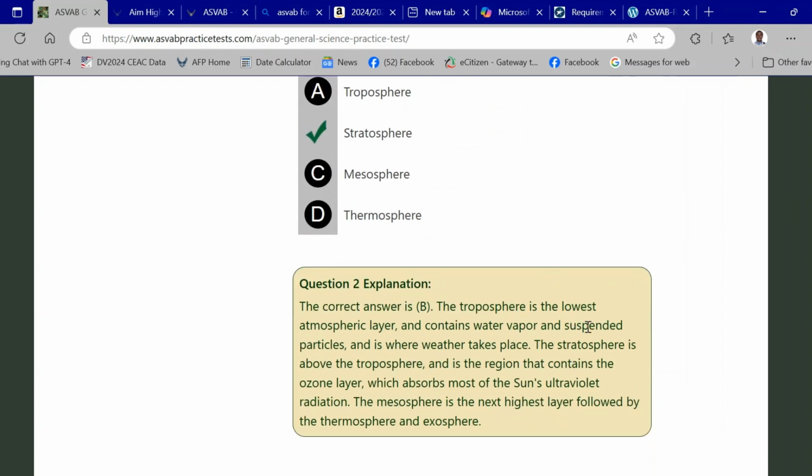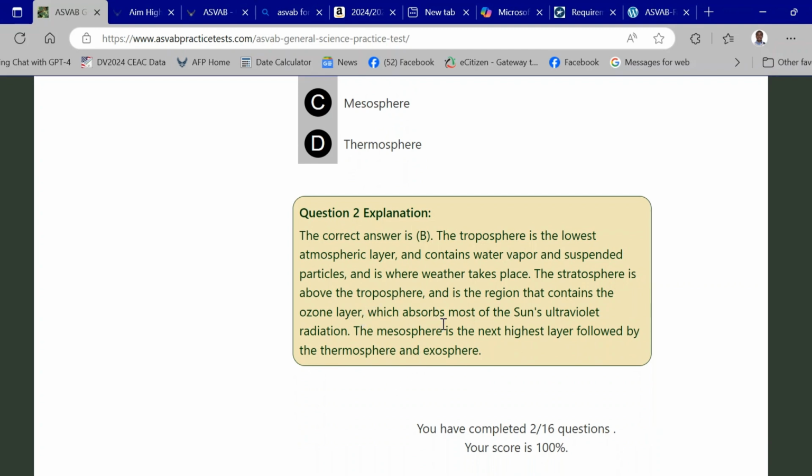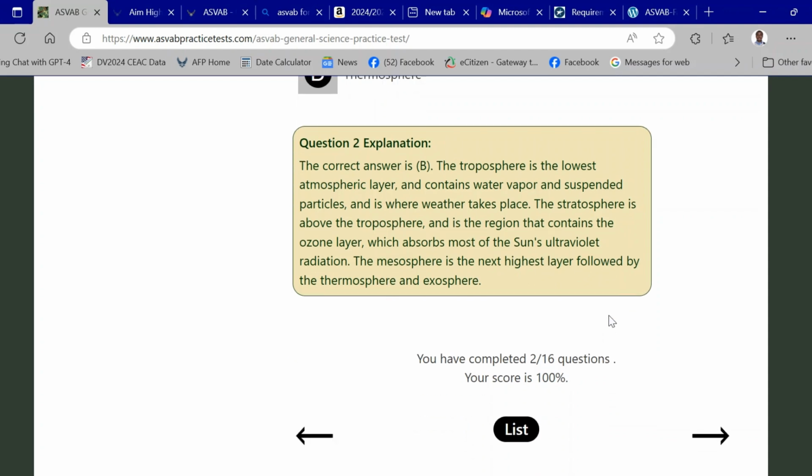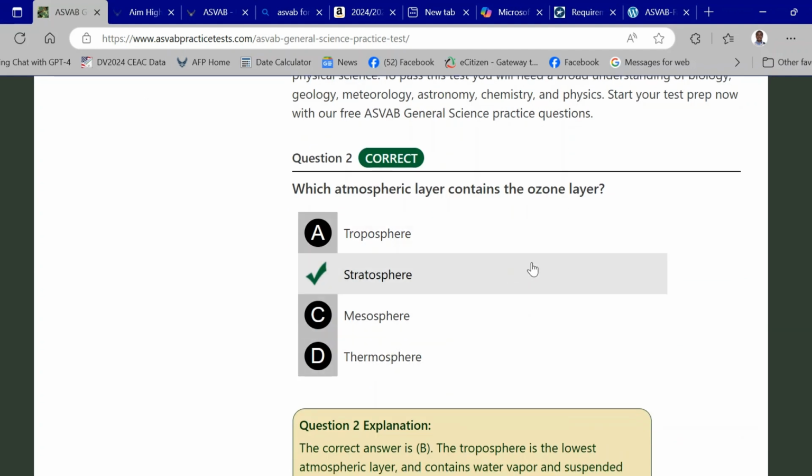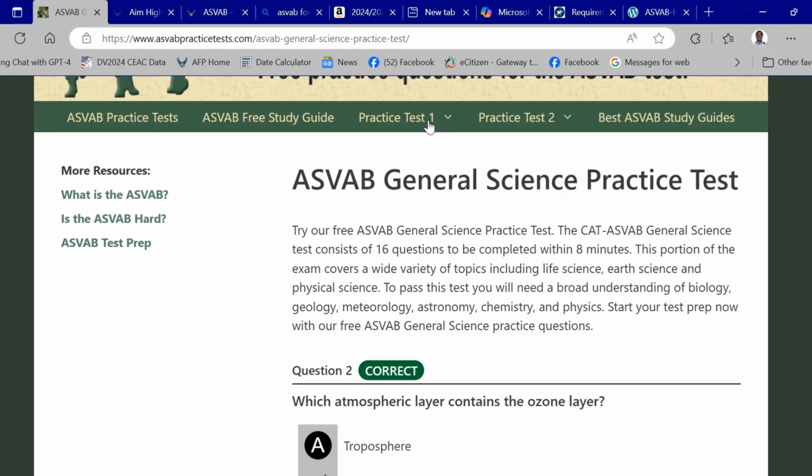And then the next one, the stratosphere, is above the troposphere. It is a region that contains the ozone layer, which absorbs most of the sun's ultraviolet radiation. The mesosphere is the next highest layer, followed by the thermosphere and exosphere. Now, a question I will ask you: in which layer do we normally put our satellites? Where do we find our satellites? In which layer do we deploy our satellites? Ask yourself and let me know if you get the right answer.